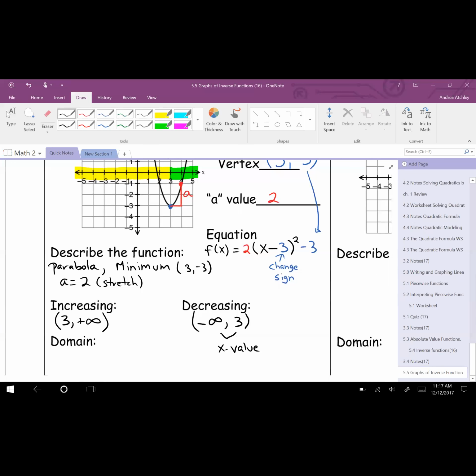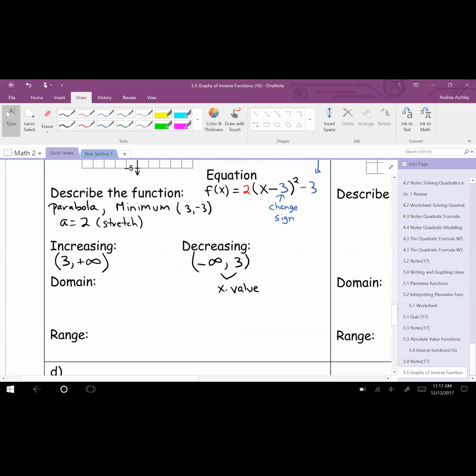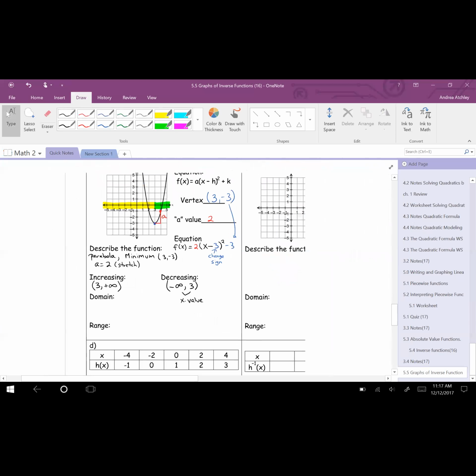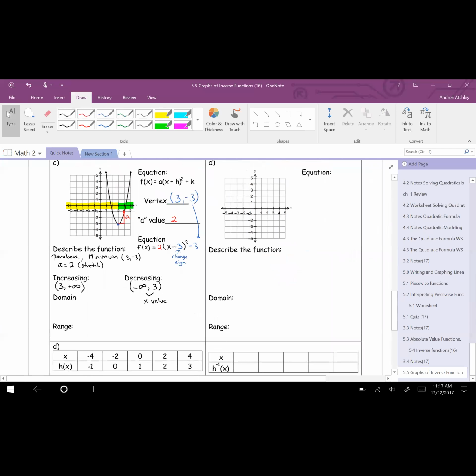Okay, domain. How far left and right will my graph go? Gabriel, what will be the domain of this function? How far to the left will I go? Okay, am I going to -3?